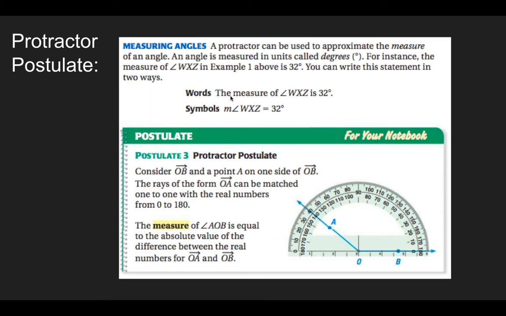Notice that we would say the measure of angle WXZ is 32 degrees, or we could use symbols or notation to say M, as in measure of angle WXZ, is equal to, with the equal sign, 32 degrees.